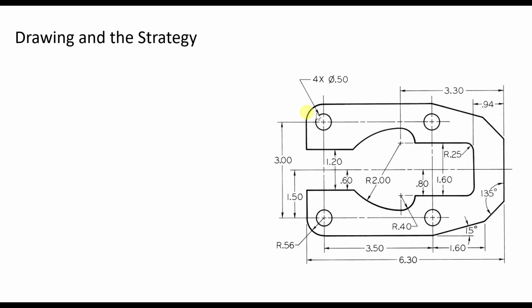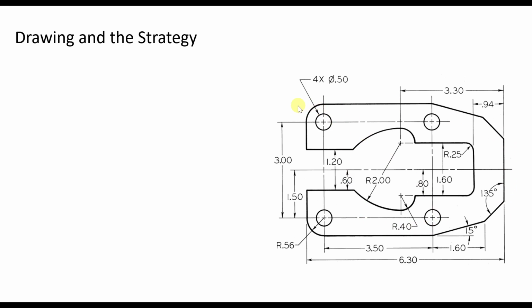So for this tutorial, we need to come up with a strategy. It seems that dimensions are all over the place. But it seems the majority of them are dimensioned from this surface. So that's your datum or an accurate surface.